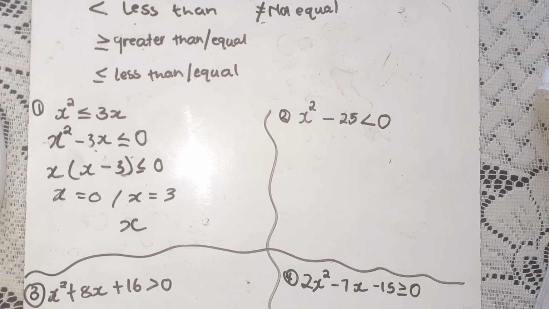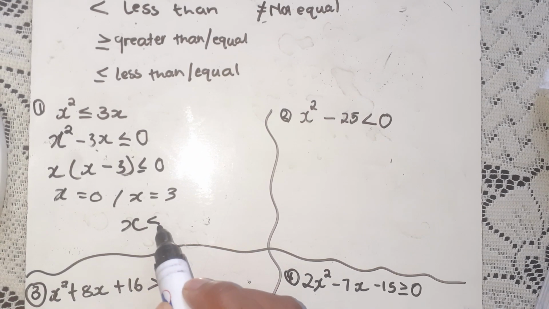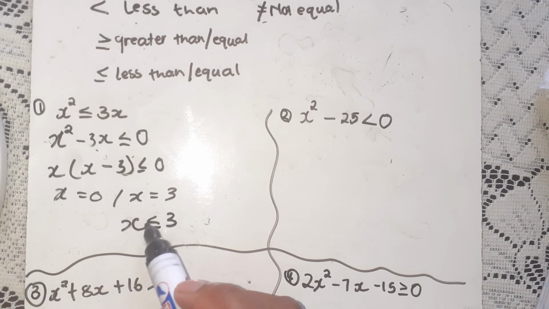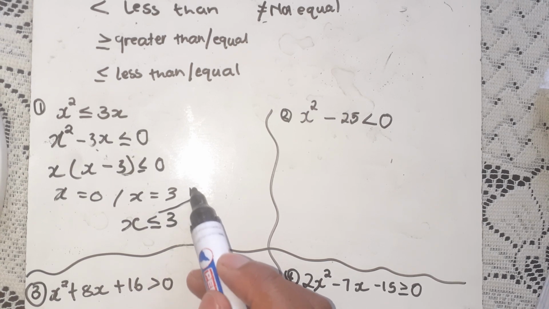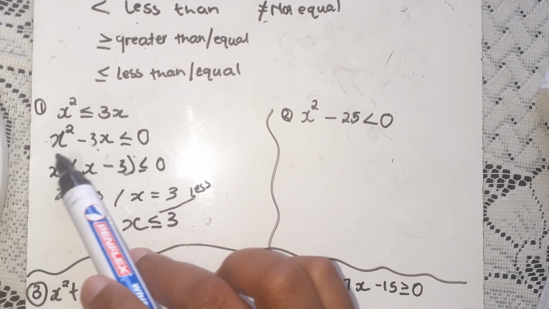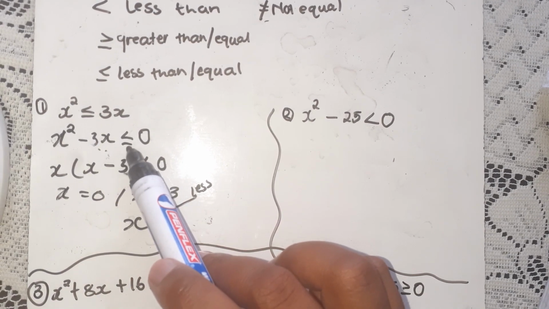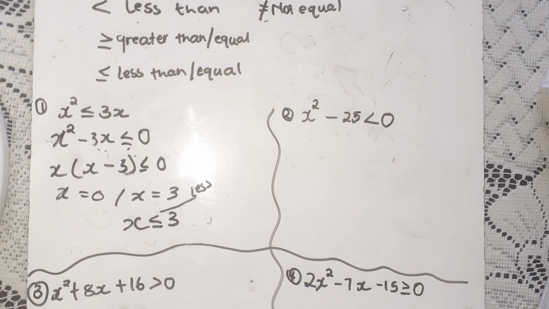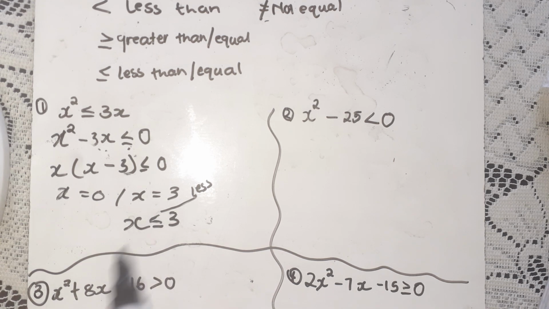So x is less than or equals to 0 when x is less than or equals to 3. So when x is less than 3, this thing applies. Where is x less than or equals to 0? Where x is less than 3, right?